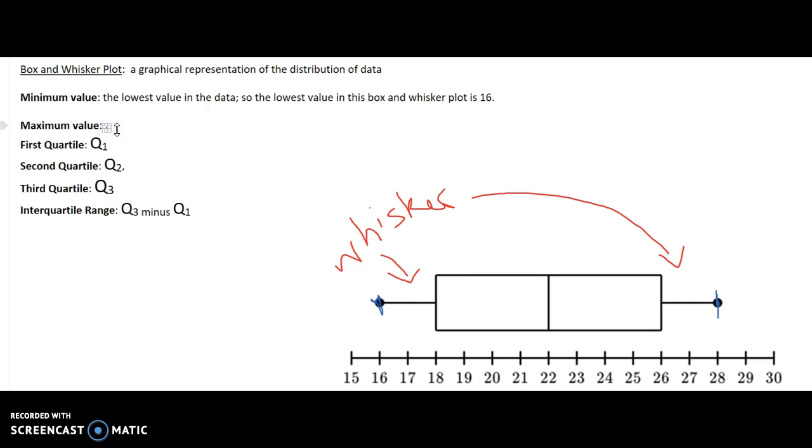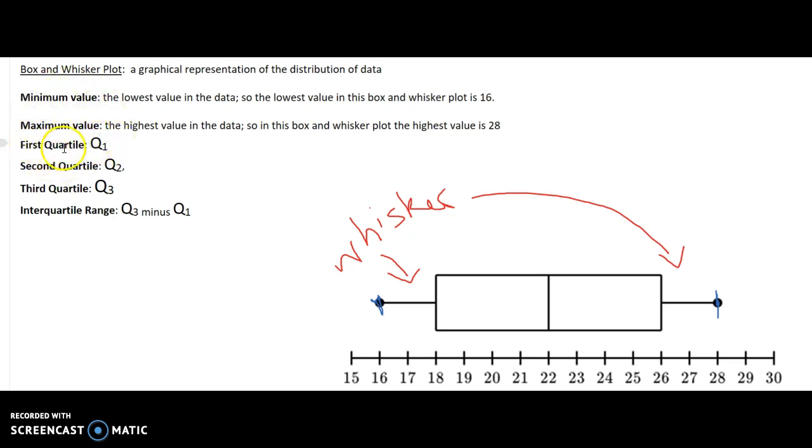The maximum value is the highest value in the data. So in this box and whisker plot, the highest value is 28. Again, I'm looking at the bottom numbers right here. We got 28.